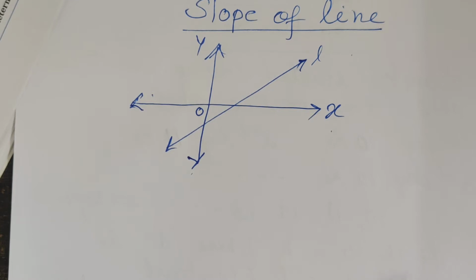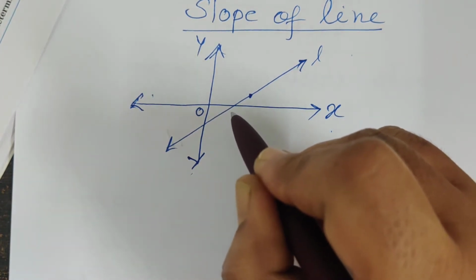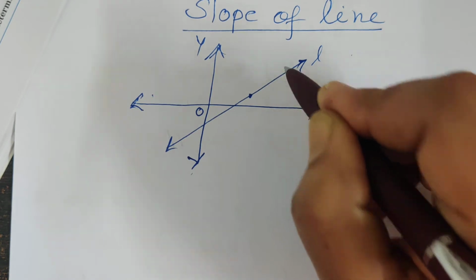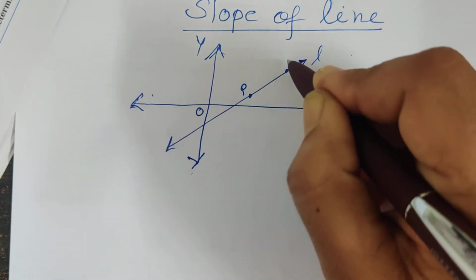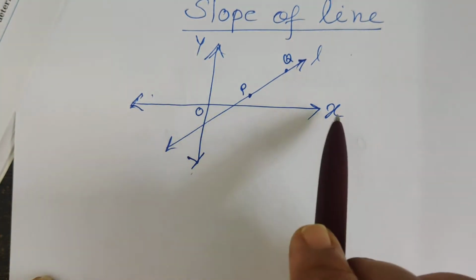Now this line has 2 points. Suppose point P and here the point Q. The points P and Q are present in the XY plane.